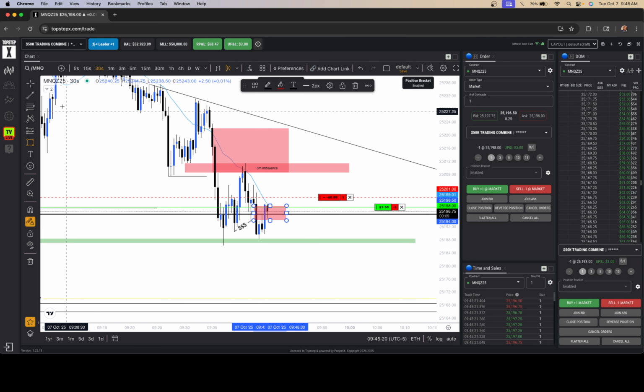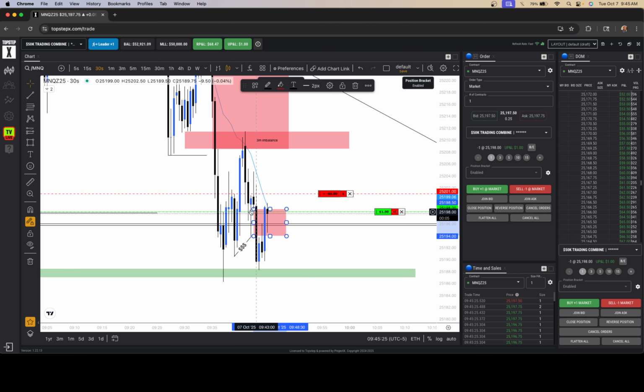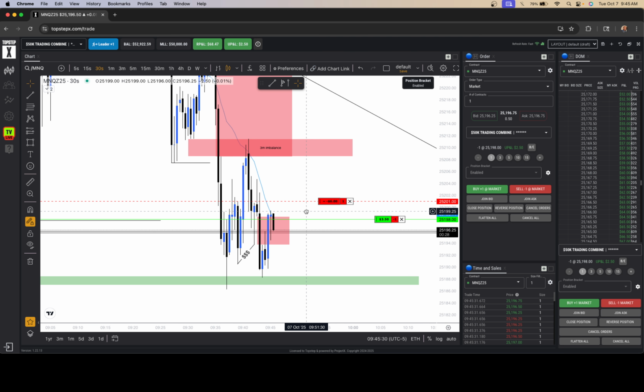But we just inversed it, so we may just push up, like I said, or maybe we go a little bit higher and hold it, which is why I gave it a smidge more breathing room with this resistance line right here.